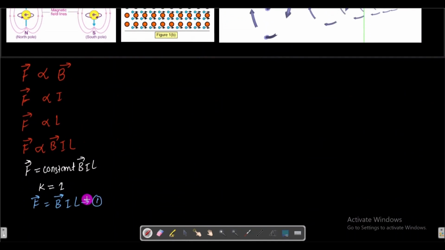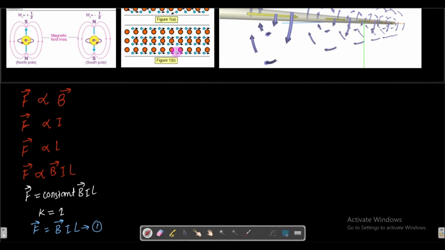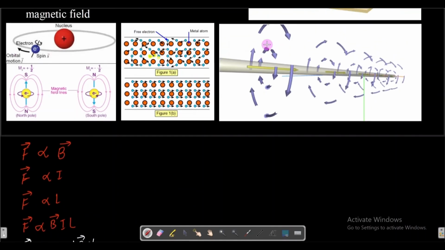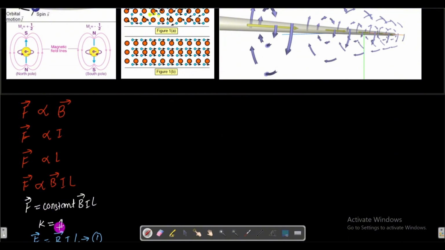In this equation, I is the current in this conductor, and we know that the equation for the current is I equal to the number of charges passing through the area per time.